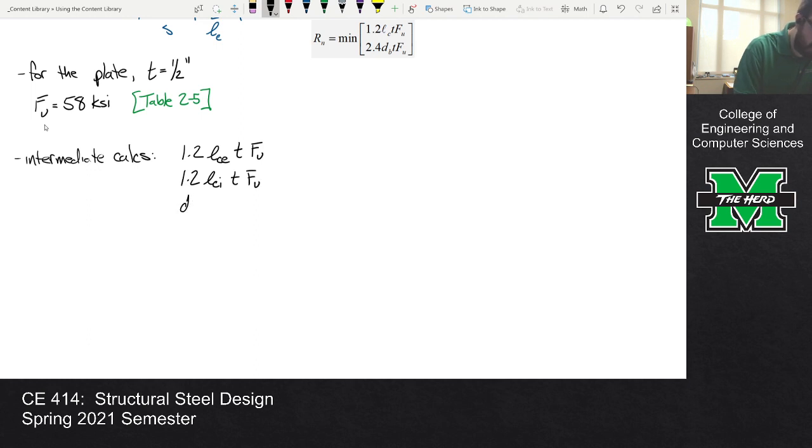And then finally this 2.4 dBTFU. We'll be able to plug those into that expression in a bit. So 1.2 times LCE, which was 1.531 inches, times a thickness of 1/2 inch times FU, which was 58 KSI.